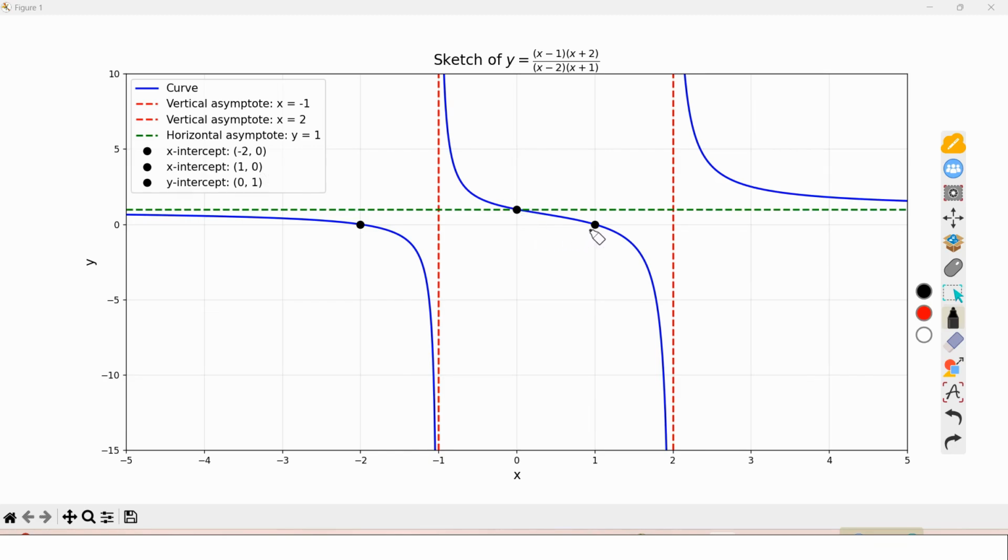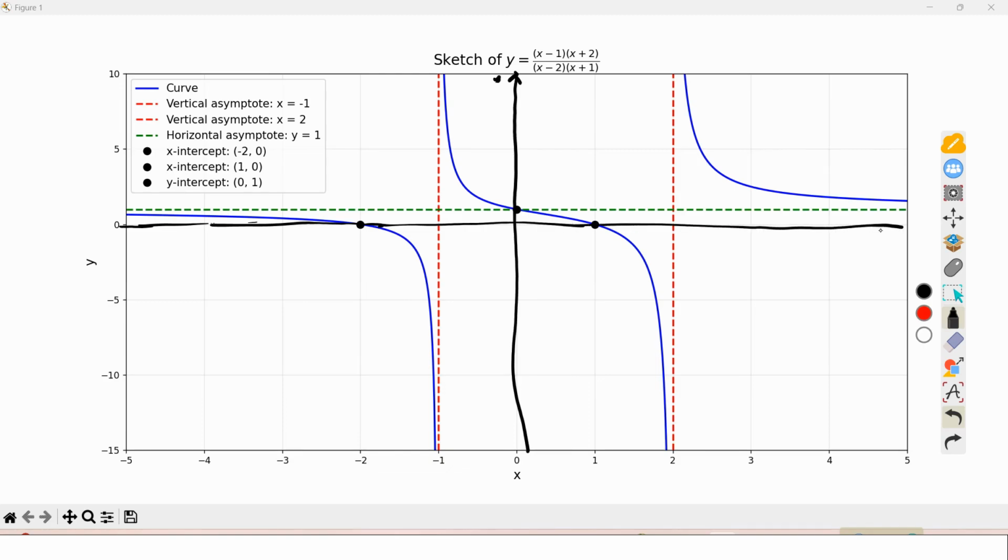This is our major axis, that is the 0, 0 point, this one here. So this is where you have your y, this is where you have your x, like this.